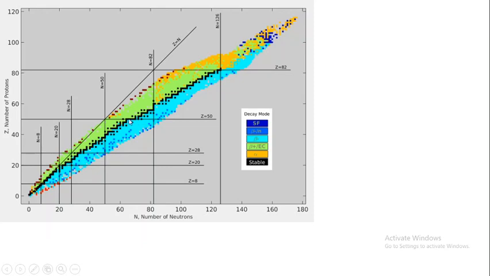So all these boxes on this line have the same proton number but different neutron number. It means there are about 9 nuclides which are stable for one proton number.